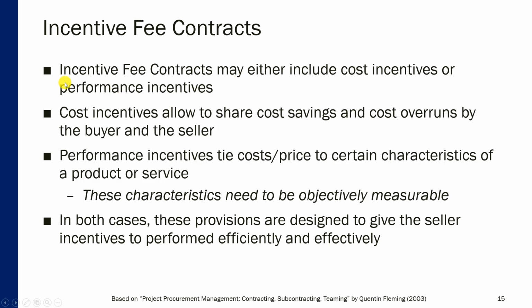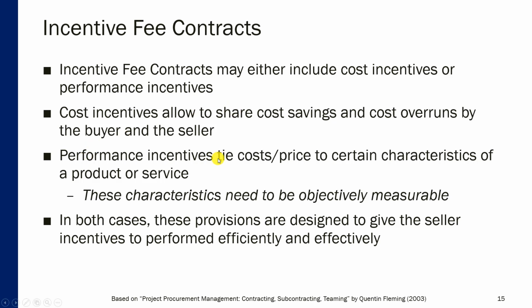And then let's say if the project is actually completed below the agreed upon price of $100,000, let's say $80,000, then the savings of $20,000 will be also split 80-20 between the buyer and the seller, right? The seller will get 20% of that, which is $4,000, and the buyer will get the savings, right, which amounts to 80% of the $20,000.